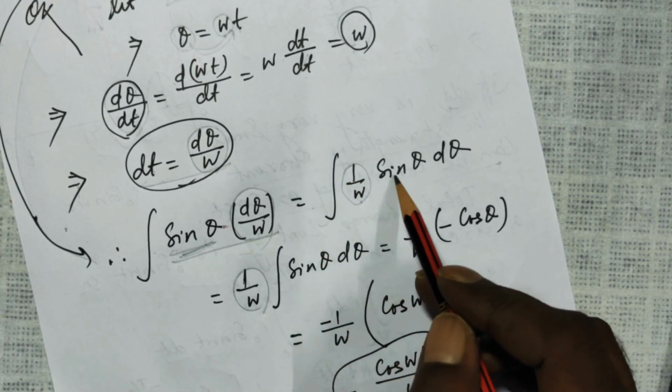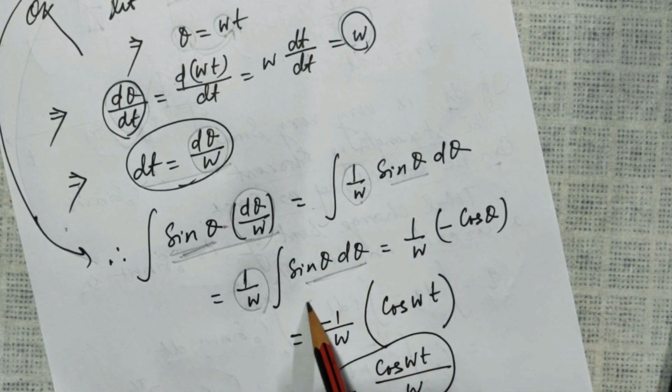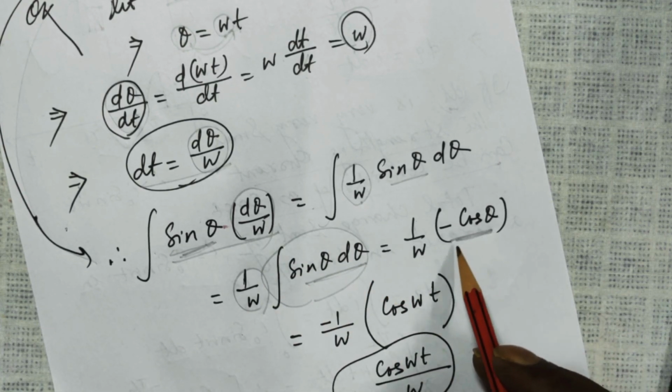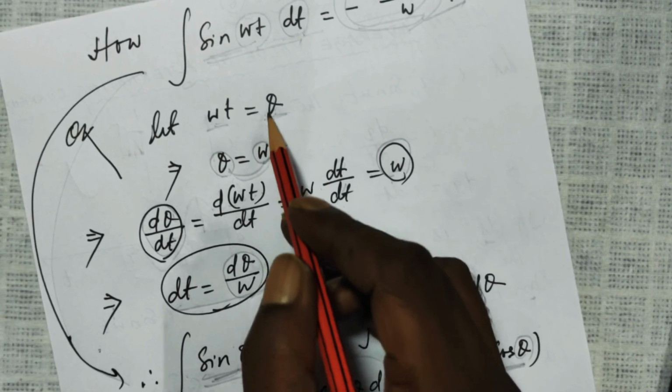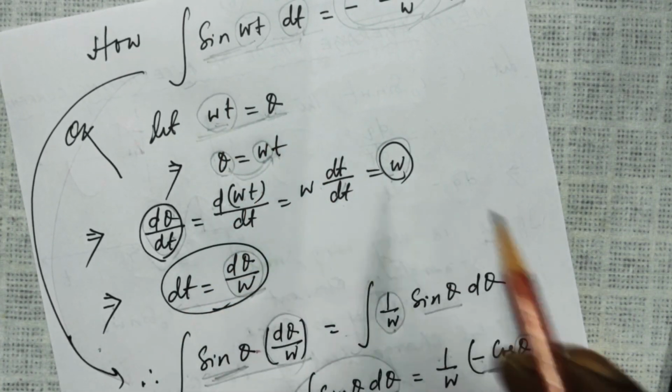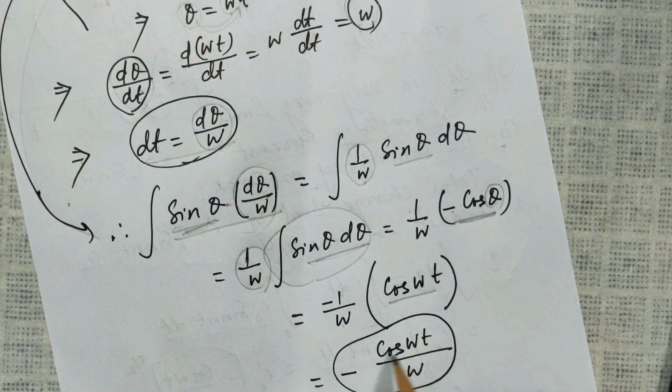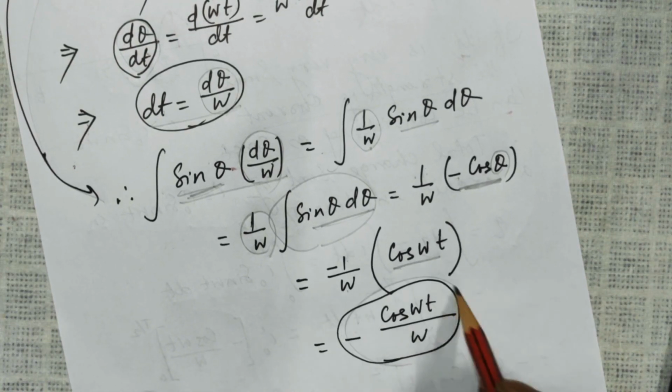So I am left with integration of sine theta d theta, and this is a standard integration, equal to minus cos theta. So minus 1 over omega cos theta. For theta I can substitute omega t because that I had considered initially. So it is equal to minus cos omega t over omega.